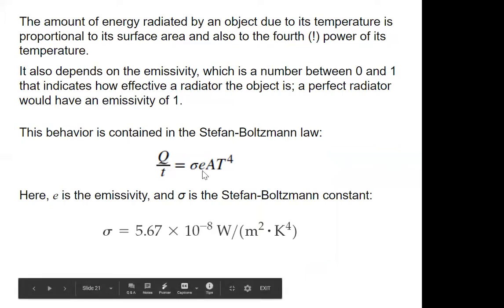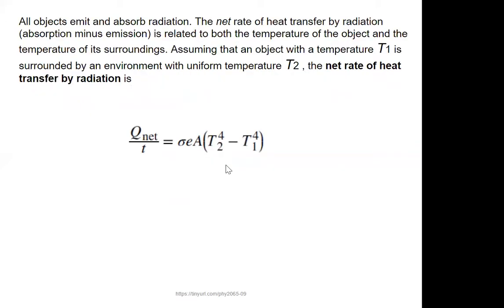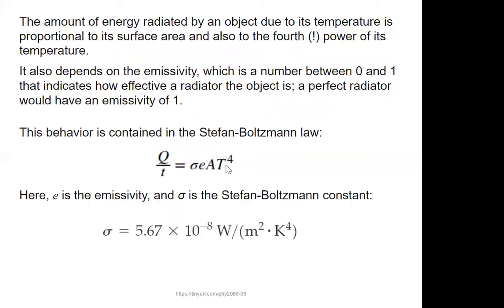E is the emissivity, between 0 and 1 depending on the material. A is the object's surface area. T is the temperature in Kelvin to the fourth power. So this is the radiation of heat for an object.